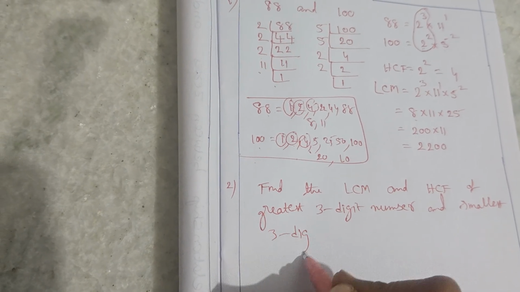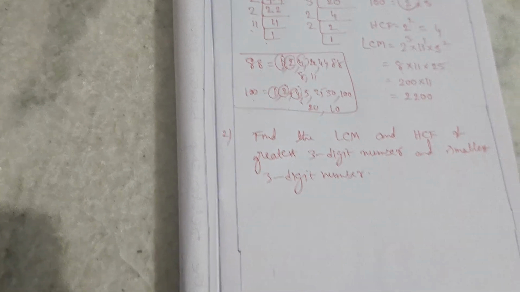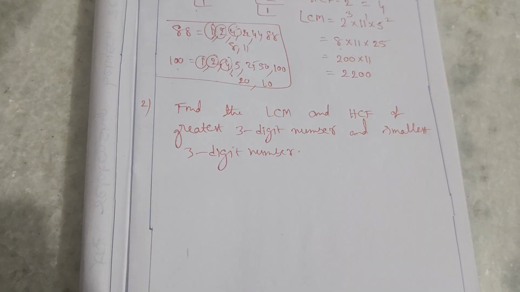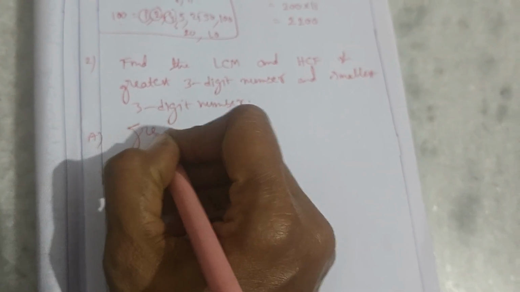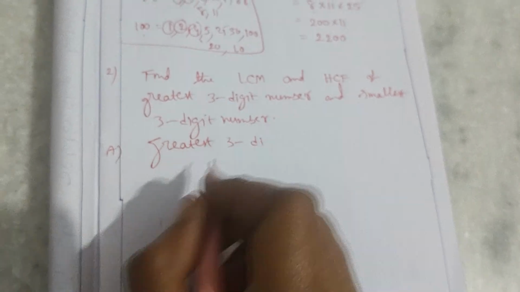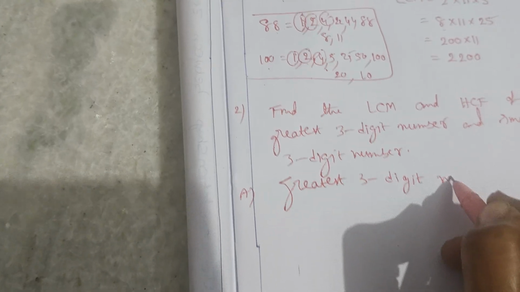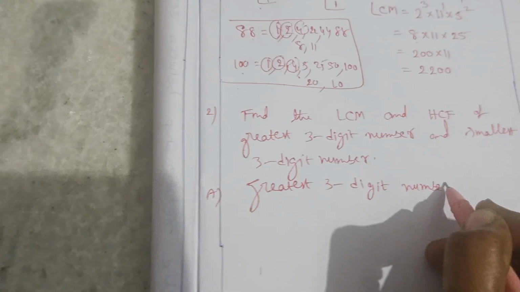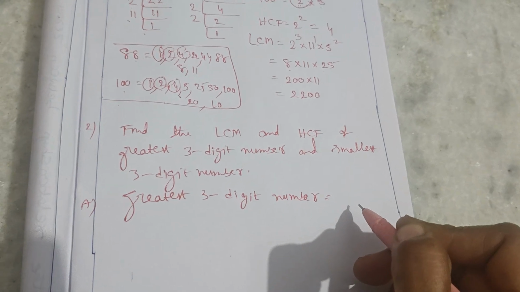So this is one connection sum I am giving. So how to find the LCM and HCF of the greatest 3-digit number and the smallest 3-digit number? First of all, what is the greatest 3-digit number, children? Do you know what is the greatest 3-digit number?